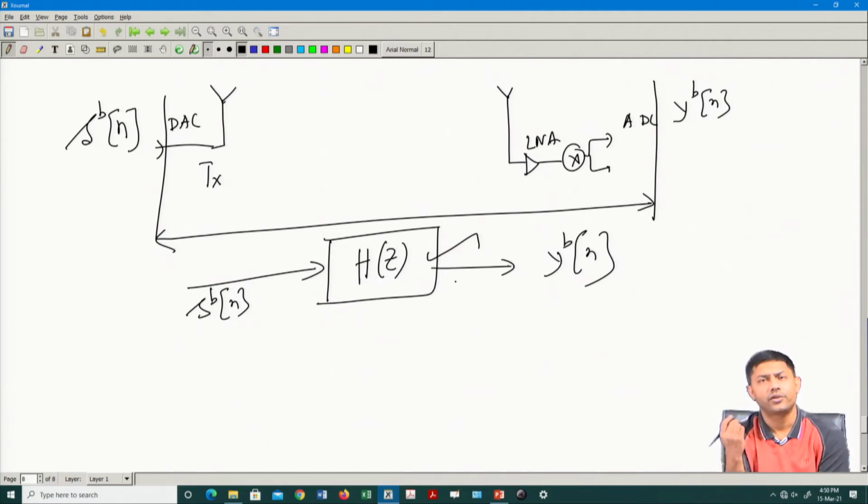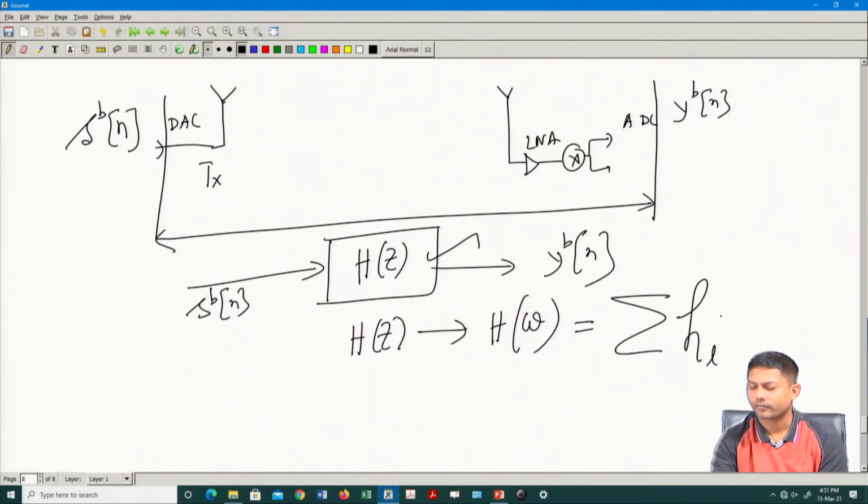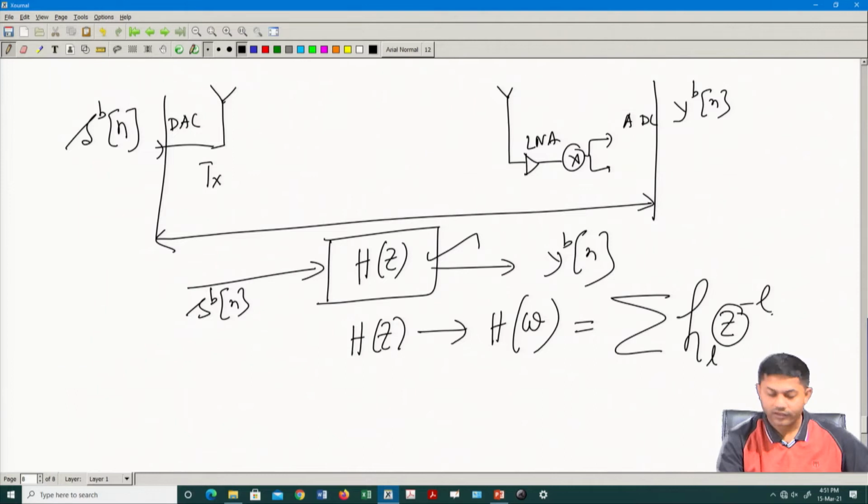Just replace z equal to e to the power j omega. So if you have H(z), I can easily convert it to H(omega). I just replace, this was L, if it is a Z transformation. Now this will be replaced.